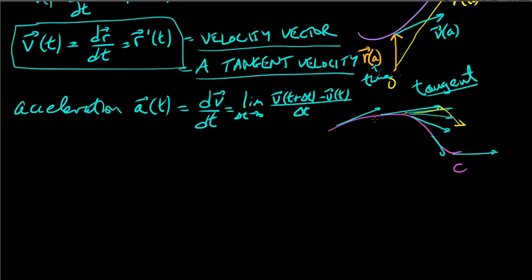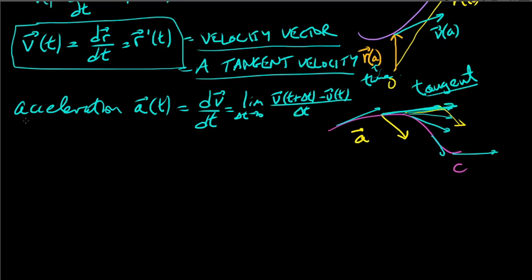Maybe that might not be clear from the picture, but generally speaking, the acceleration as a vector will point in some direction that probably is not the same as the velocity vector, although it could be. So if the blue is the velocity, then the yellow might be the acceleration.